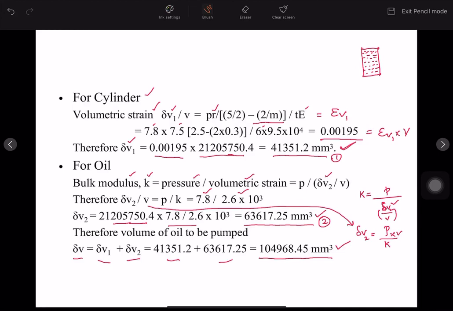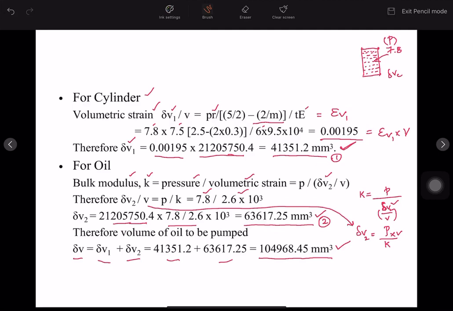Now he is putting a condition that the pressure should be 7.8 inside the cylinder. As it is subjected to a certain internal pressure, there will be a change in volume of the cylinder, and as we already know, that change will be on the positive side itself. That means it will elongate or enlarge.